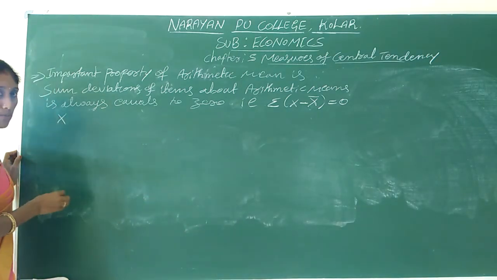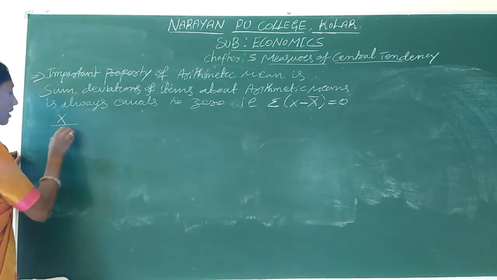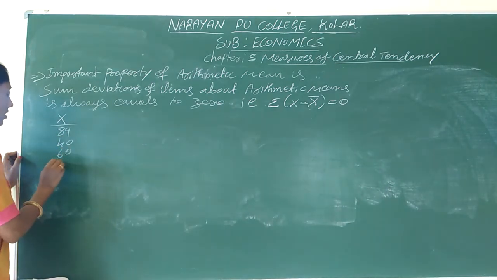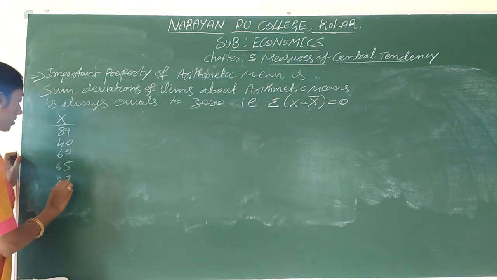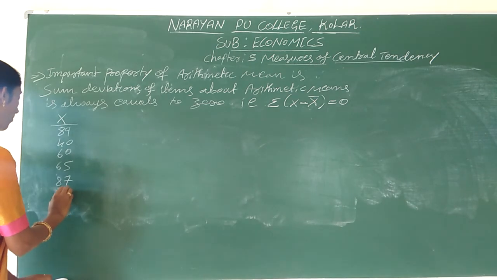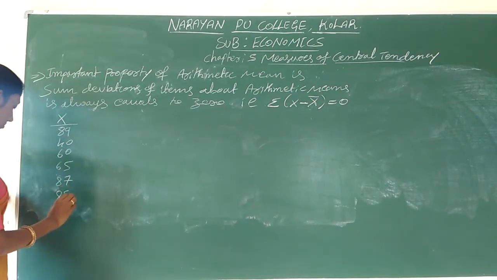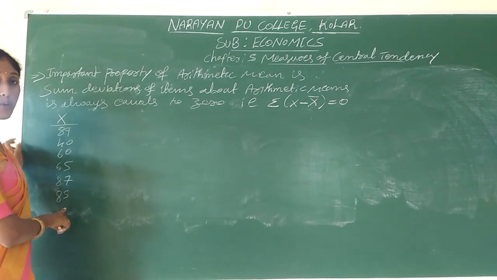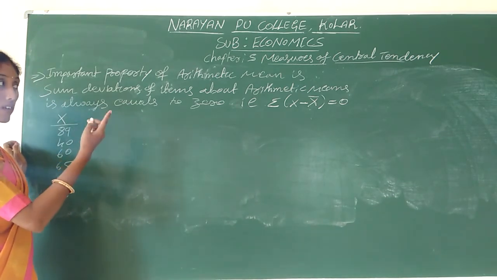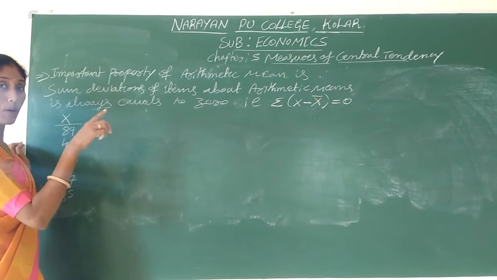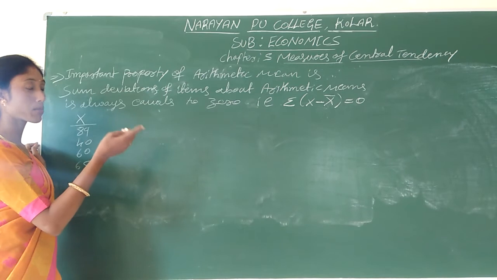Now take X: 89, 40, 60, 65, 87, 85. For this, we'll find out the arithmetic mean, and check whether the sum of all the observations about the arithmetic mean becomes 0 or not.